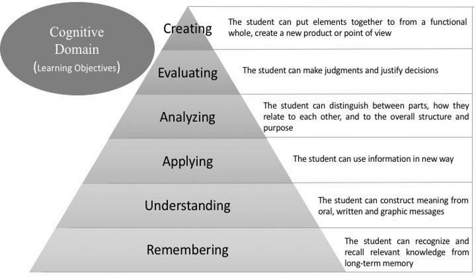Applying, the student can use information in a new way. Analyzing, the student can distinguish between parts and how they relate to each other. Evaluating, the student can make judgments and justify decisions. Creating, the student can put elements together to form a functional whole, create a new product or point of view.